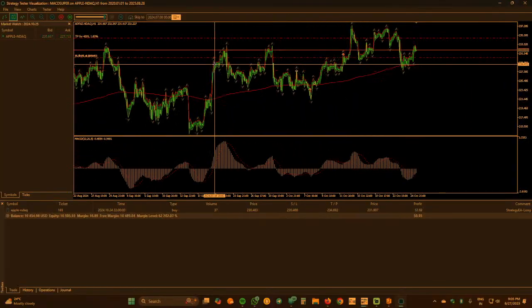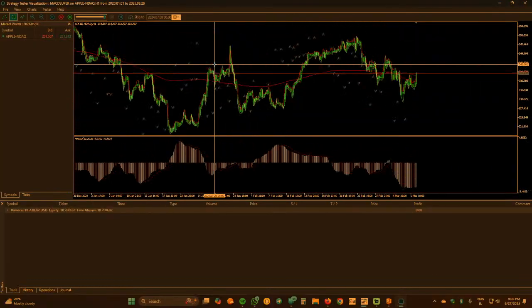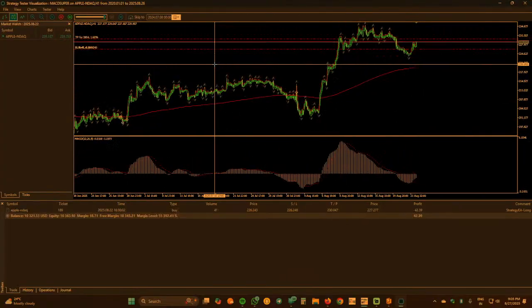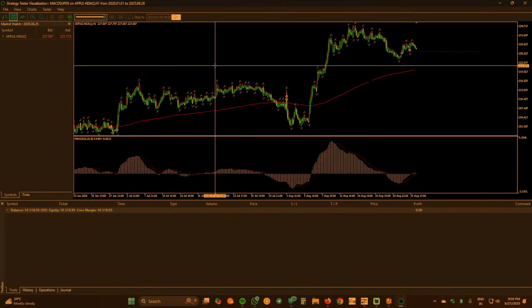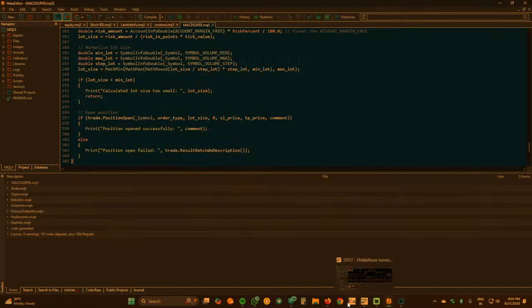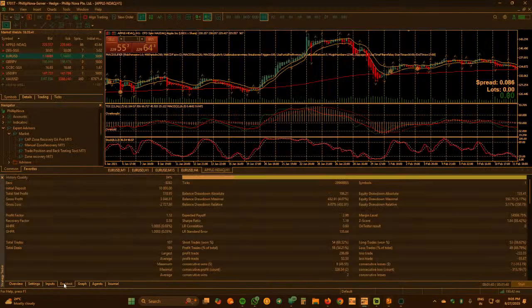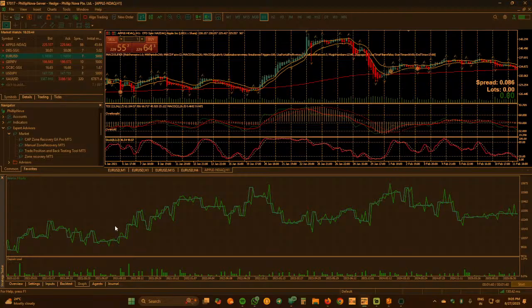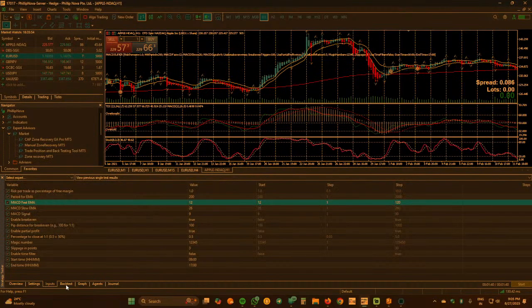Yeah, so it is basically a break-even strategy, because most of my trades are ending up at break-even. So the EA is moving the stop loss to break even, or it is doing partial close. So that is one of the biggest reasons.